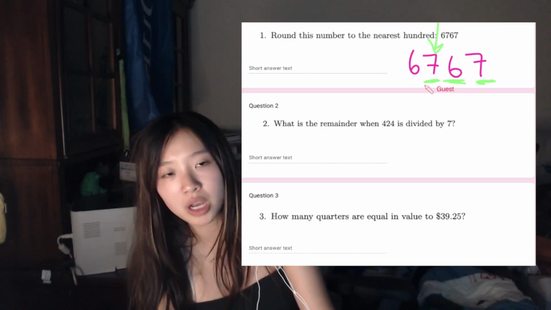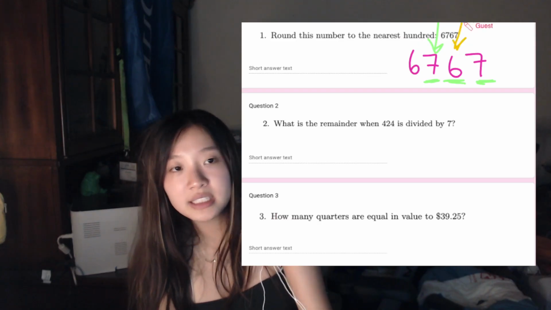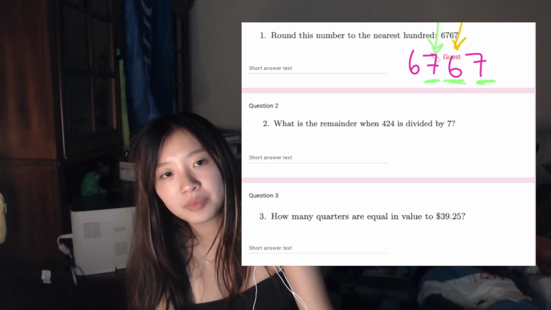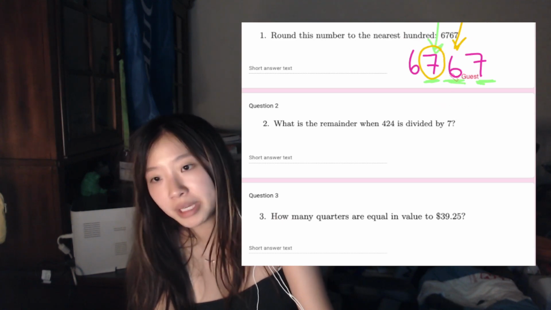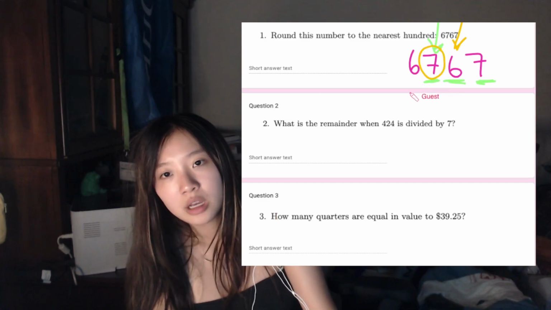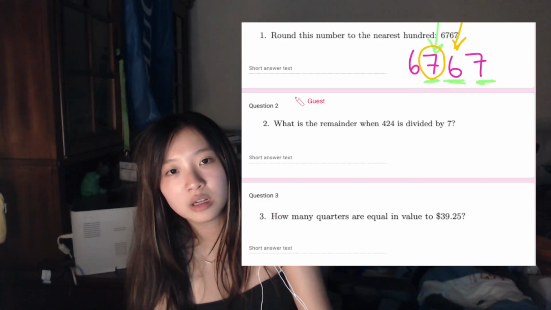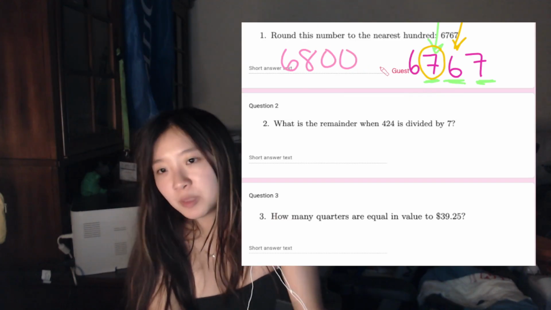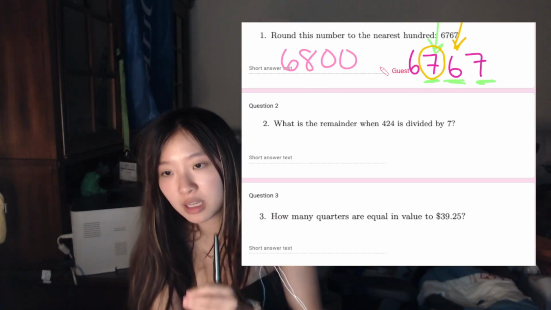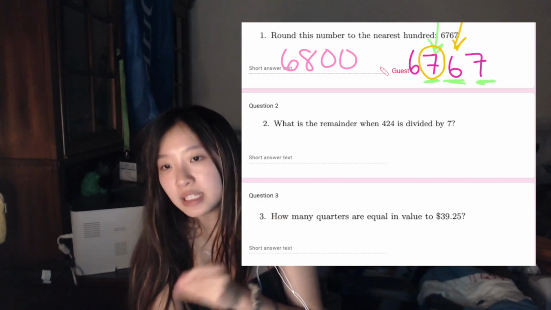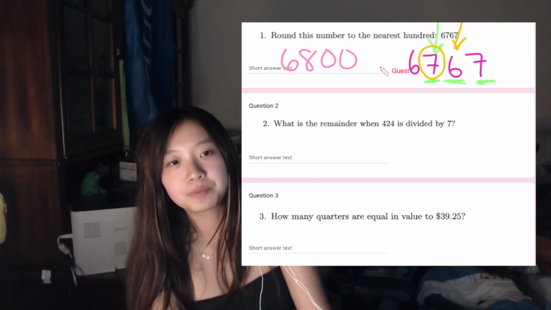And in order to do so, we look at the following number, which is the 6. Since 6 is greater than 5, we want to raise the 7 up, because 6 is greater than 5, and the next number following 7 is 8. So our final answer in this case is going to be 6,800. And this makes sense because 6,767 is closer to 6,800 than it is to 6,700.